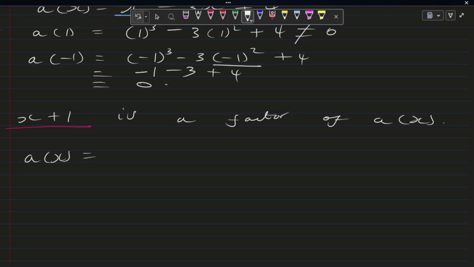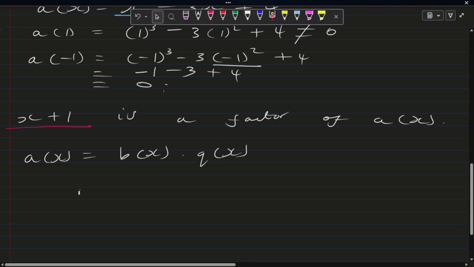Now we know that a of x is equal to b of x times q of x. If we have b of x, which is a factor, then there's no remainder.